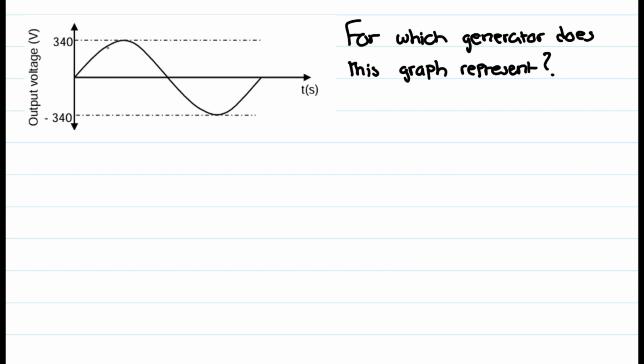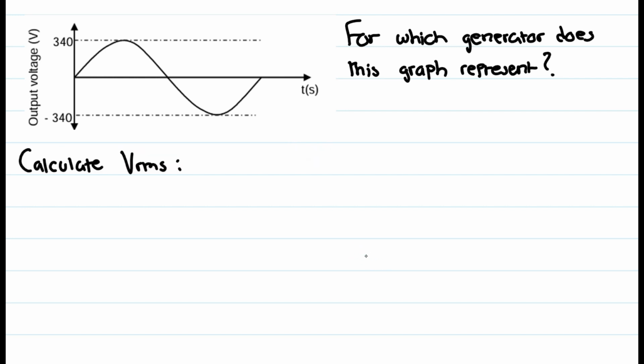It goes up, down, going negative, going back to 0, going up, and like that. What do I remember about a sine graph? It's an AC generator, alternating current. So we have an AC generator here.